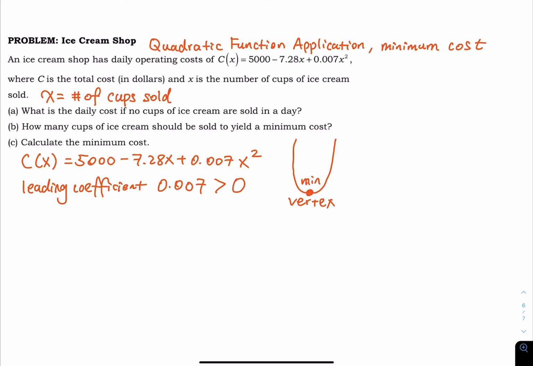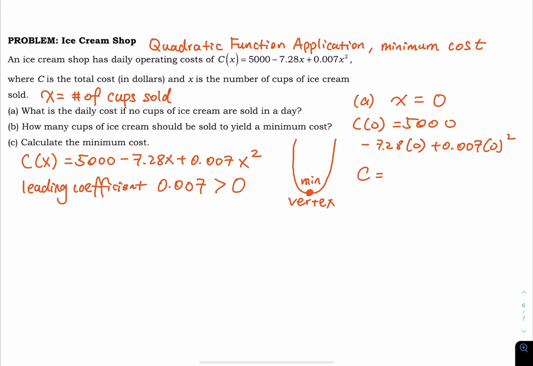For part A, when x is equal to 0, so when you do nothing, there is a fixed cost. So C of 0 equals 5,000 minus 7.28 times 0 plus 0.007 times 0 squared. They are all 0.